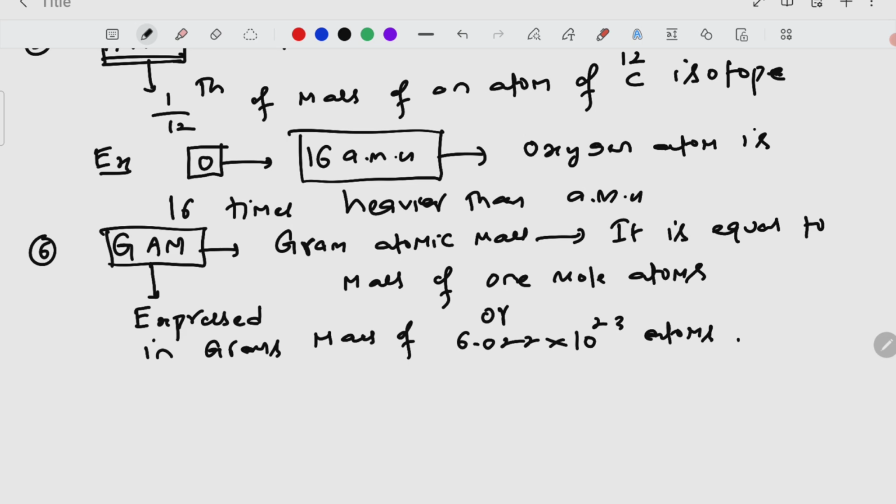We'll see the overall comparison after completion of a few more terms. First I am giving just basic definitions of each and every term, and in the upcoming 5 to 10 minutes we are going to see the important difference between all these terms.